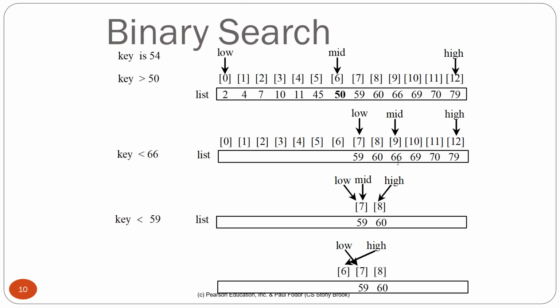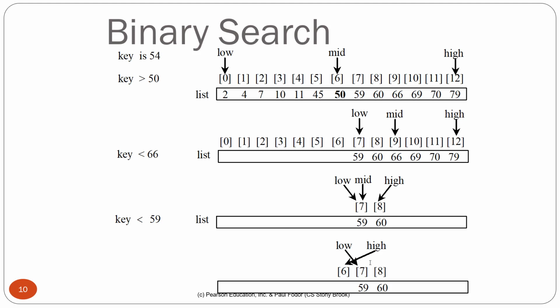You compare 66 with key. Key is less than 66. So now you're left with low as 7 and high as 8. When you use low as 7 and high as 8 and you find the mid, the mid comes out to be 7. You compare 54 with 59 and that did not work.